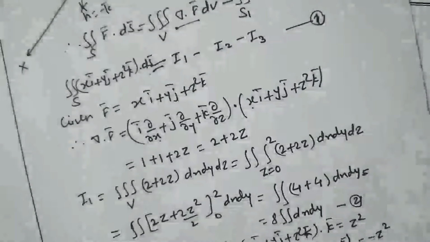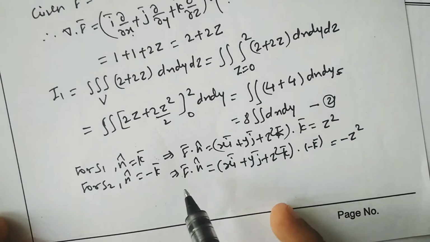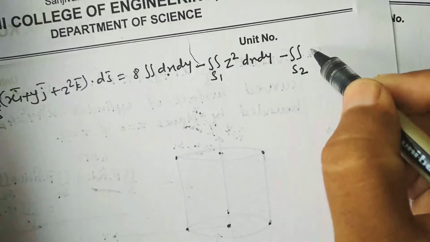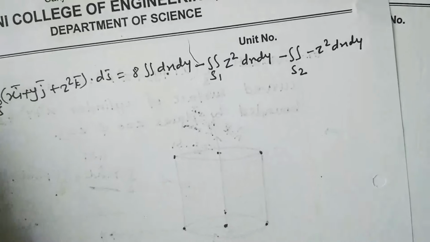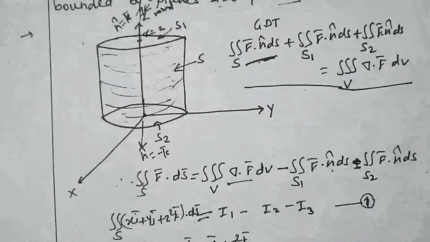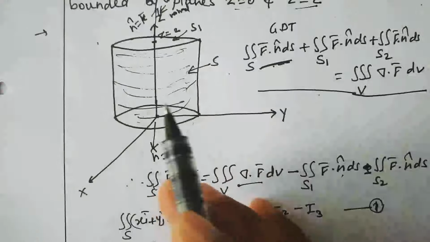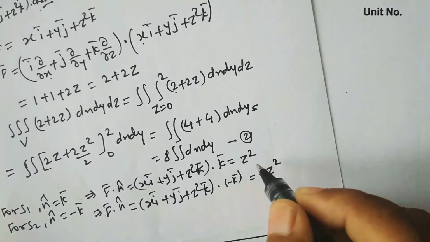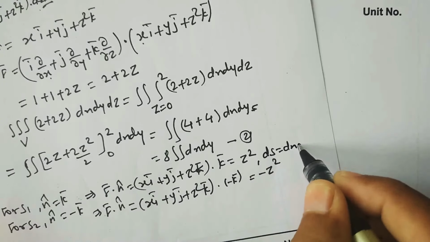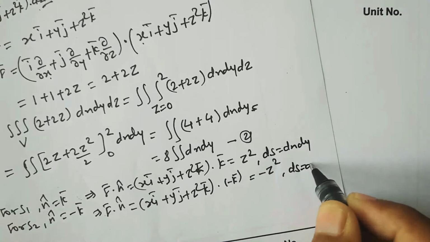Value of f bar dot n cap is minus z square for surface S2. Again ds is dx into dy for surface S2, because the surface S2 is in the xy plane. Here also the value of ds is dx into dy.